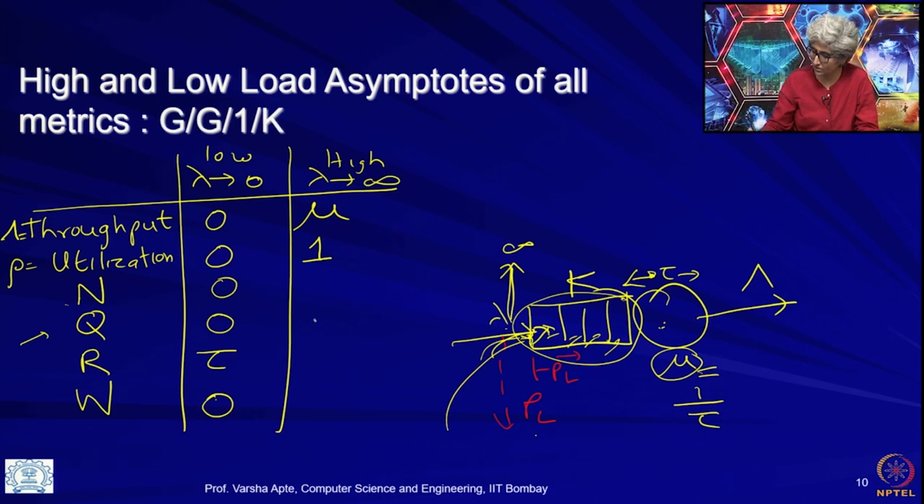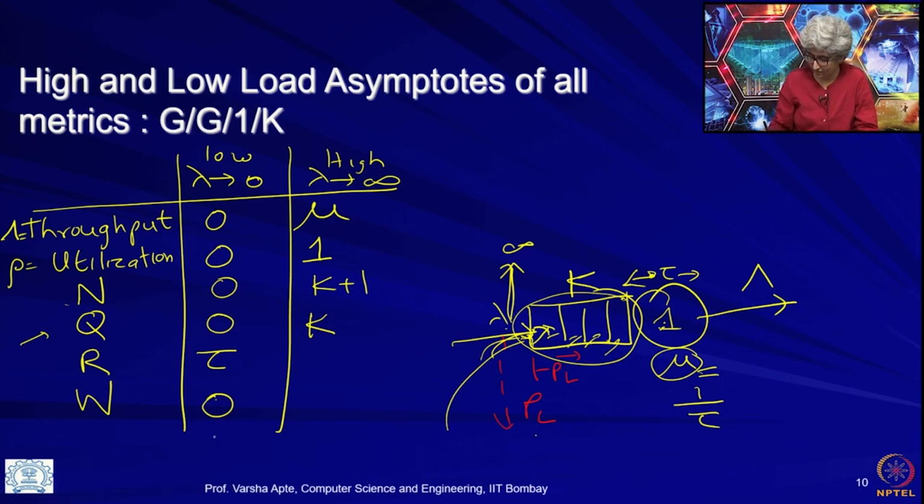So, this will go to k, where k is the size of the buffer. Since this goes to k, and there is 1 in the server, we will have k plus 1 in the system.